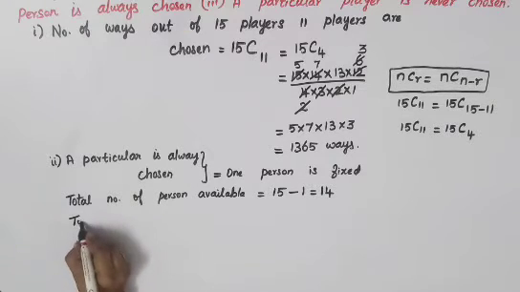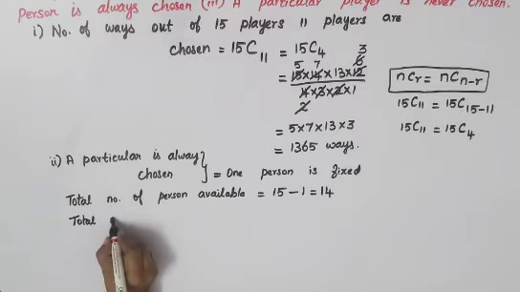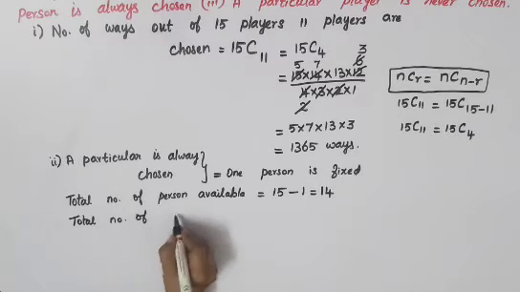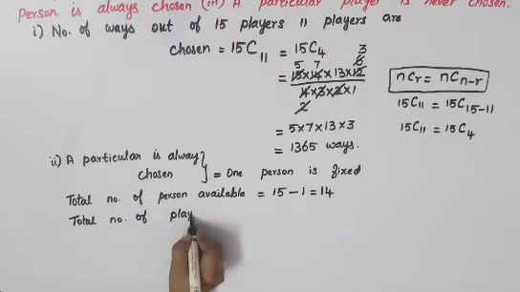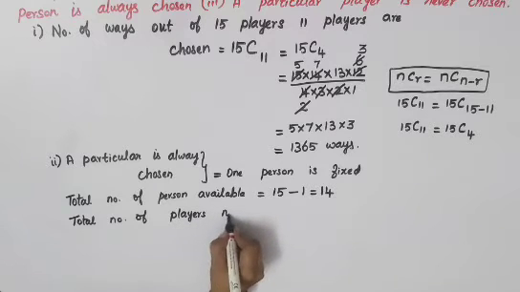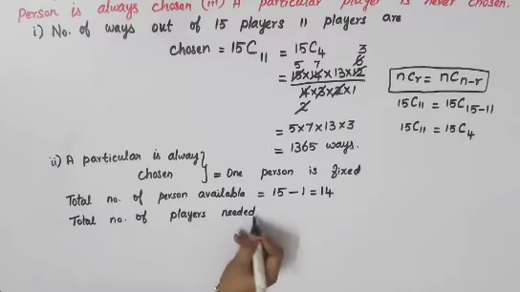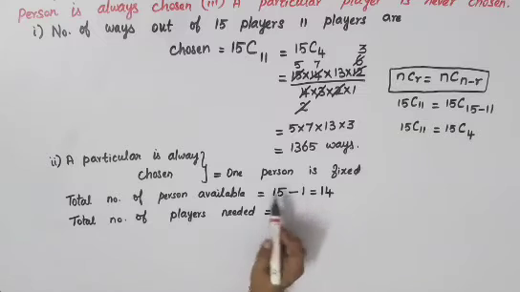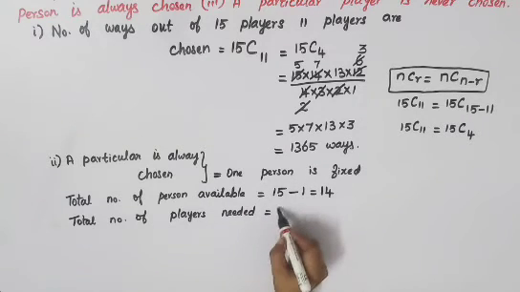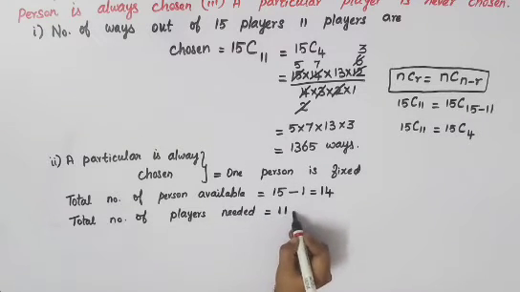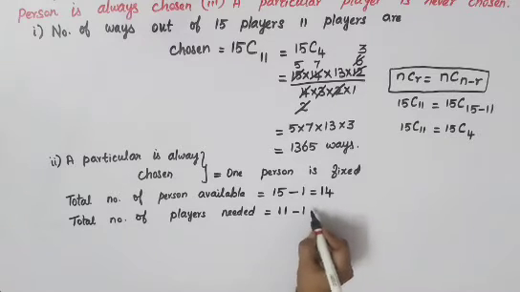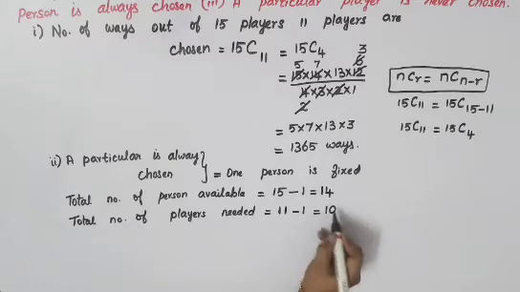Now total number of players needed. So players needed is also, this person is fixed. So in 11 players, one person is fixed over there, so we need 10 persons over there.